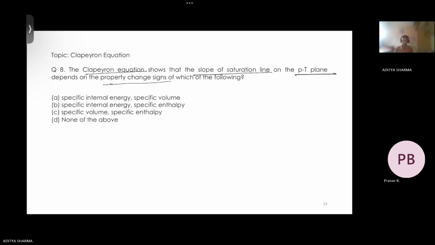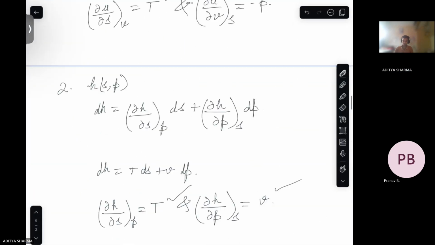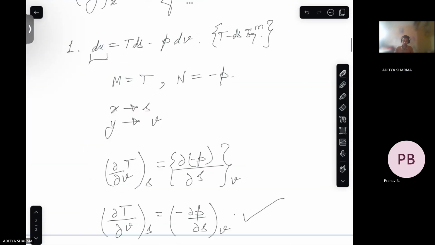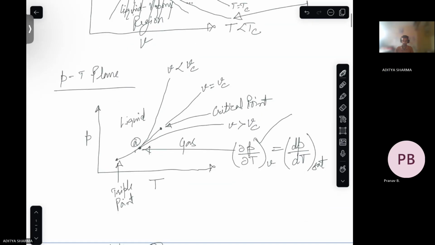Okay. So if you see your phase diagram, PT diagram, right? So this is your saturation line from triple point to critical point, right?